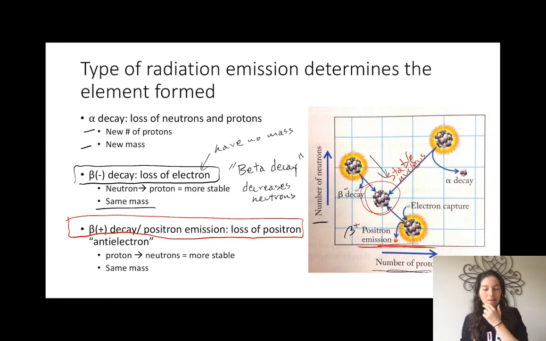So it reduces protons. So a proton is converted into a neutron. And it does this by emitting what's called a positron, or an anti-electron, as I like to call it.